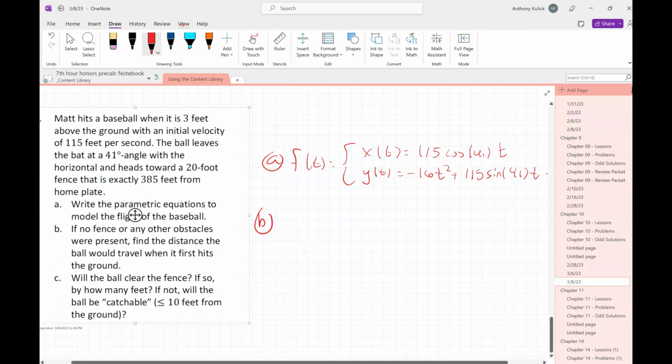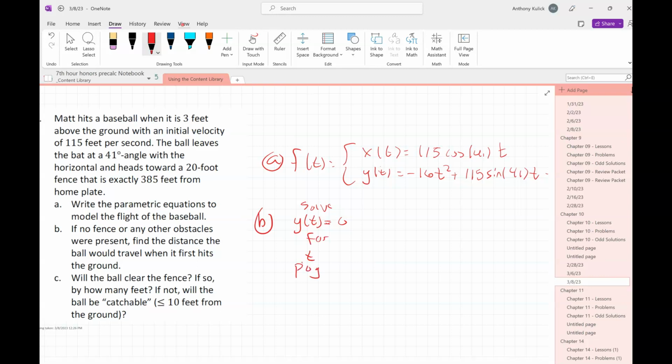For part B, we're looking at the distance the ball would travel before it hits the ground. So what we're going to do is take y of t, set it equal to 0, and solve that for t. And then we're going to plug that t into x of t. And that's going to be our answer.